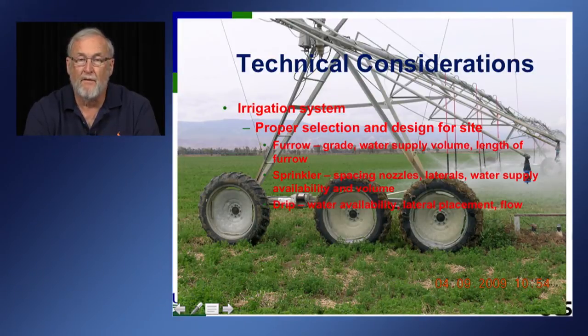Drip systems, obviously water availability, lateral placement, design of the emitters along the lateral itself, and having good filtration are all critical aspects of this. And then proper maintenance. You can have a very good system, but if it's not properly maintained, it will not operate the way it's designed. And without that maintenance, all of your hard work is really for naught.